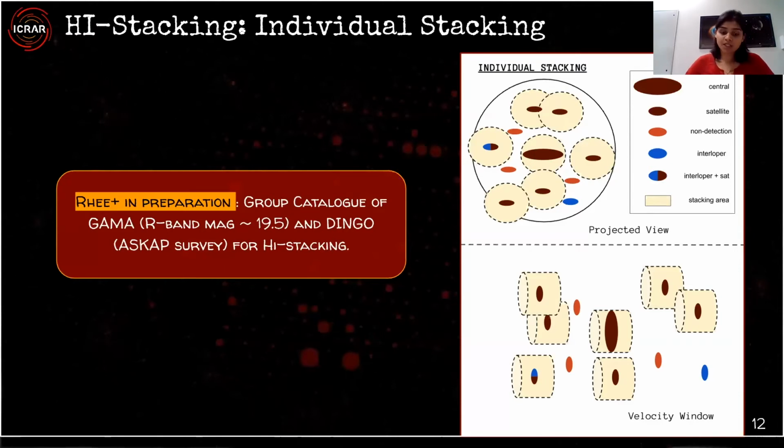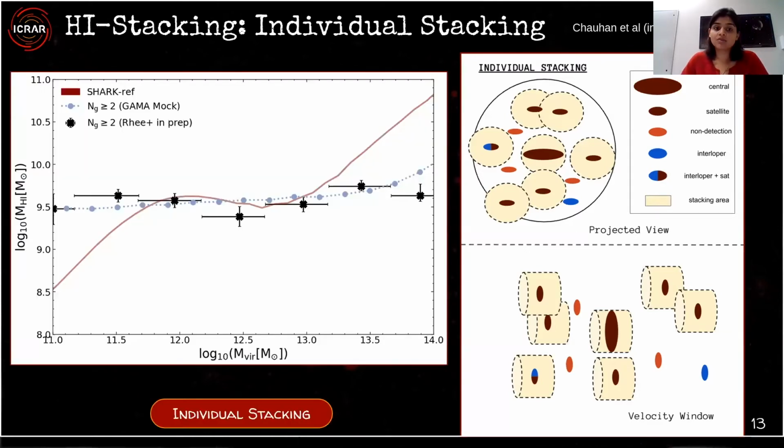But in any case, we did employ this stacking technique and then tried to compare our mock HI stacking results with the observed results that Rhee in their paper were getting or are about to get. I think it's in prep, it's more like a future thing.